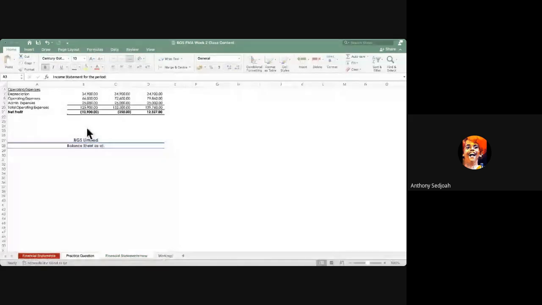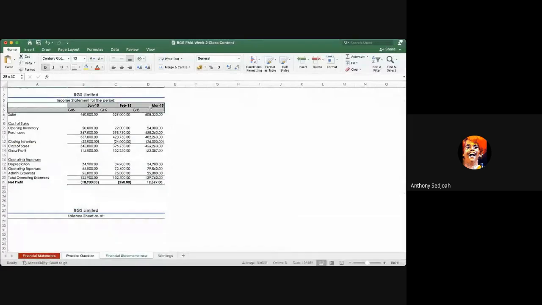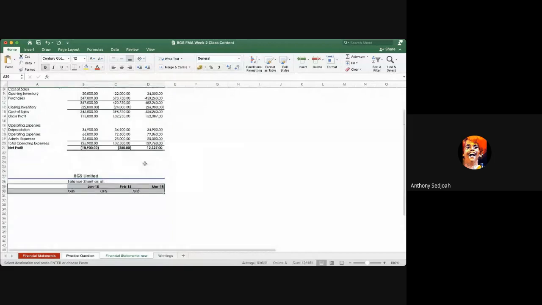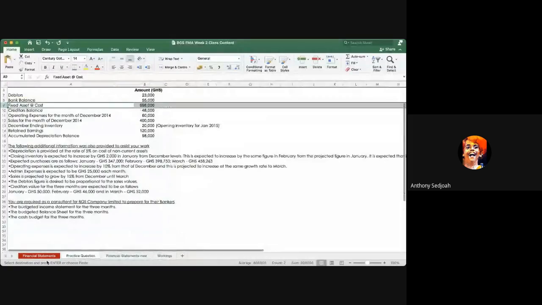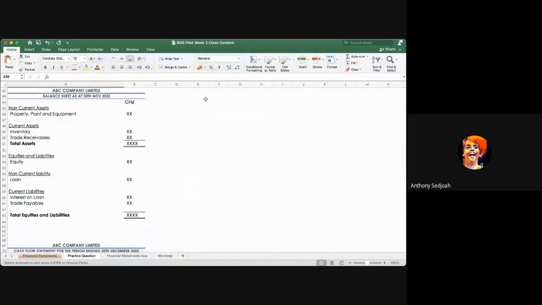So let me copy and paste the months and then the currency sign. Okay, so let's look at our formats for the balance sheet. As we already said, the balance sheet has our assets, our liabilities, and then our capital or equity.